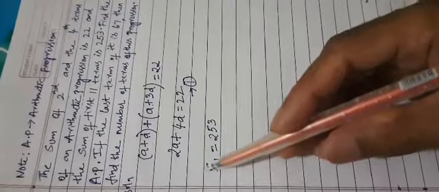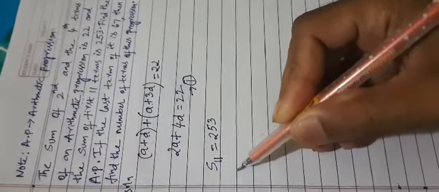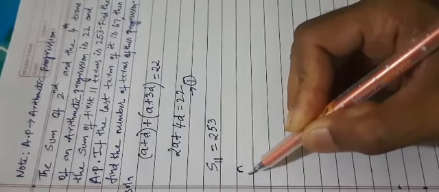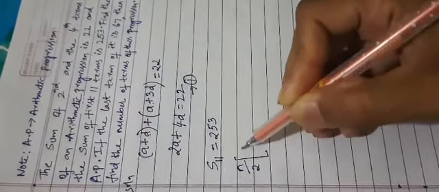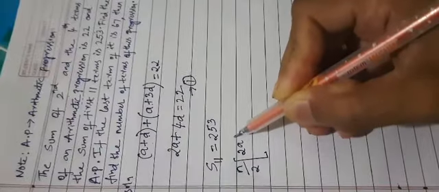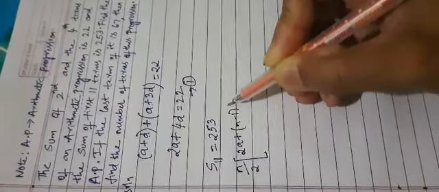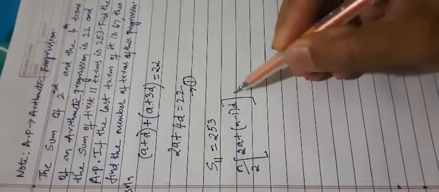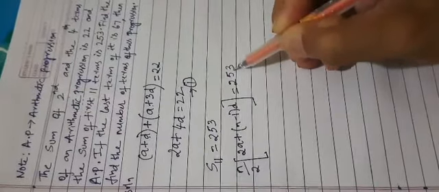And this sum formula we have. What is the sum formula? n by 2 into 2a plus n minus 1 into d, that is equal to 253.